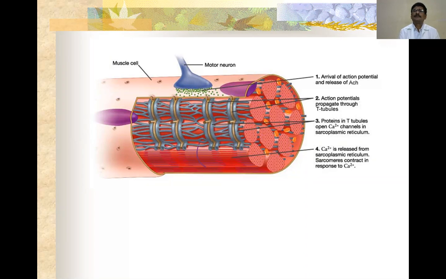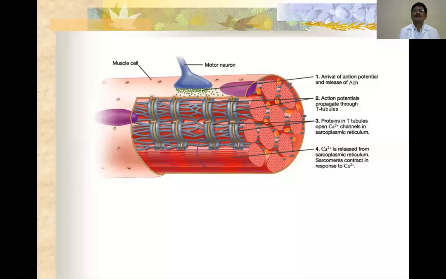The interaction with calcium will occur only when the intracellular calcium level increases. So this is what happens due to arrival of the impulse from the nerve terminal: neuromuscular transmission, spread along the T tubule, release of calcium, and increased intracellular calcium. At this increased level, calcium ions will bind to troponin.